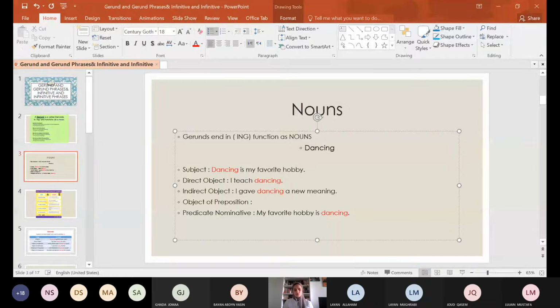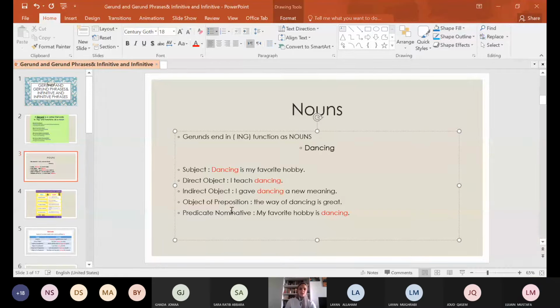Can you help me find a sentence with dancing as an object of preposition? It ran out of my mind. My favorite hobby is dancing, for example, is the predicate nominative. I want it as an object of preposition. The way of dancing is great.